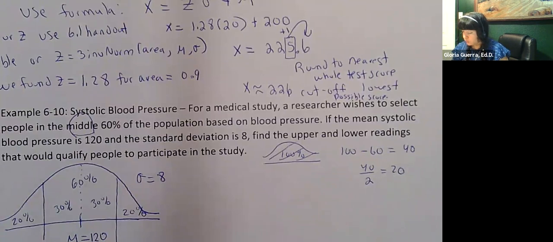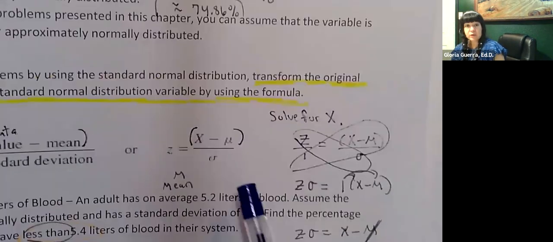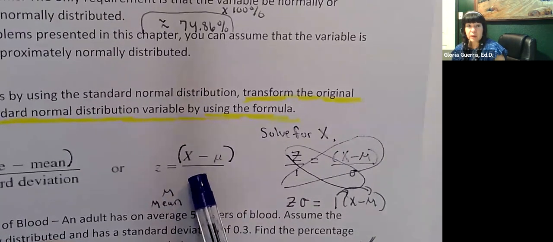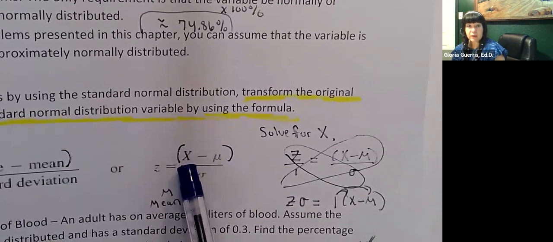I'm going to, let's see. Yeah. So again, the reason why I can't start with this formula like I did on the other problems is because I don't have x.